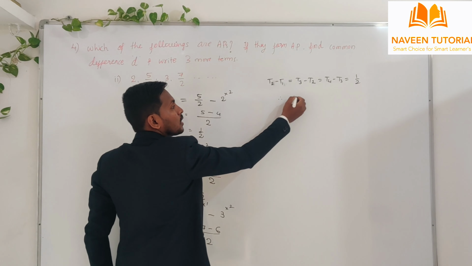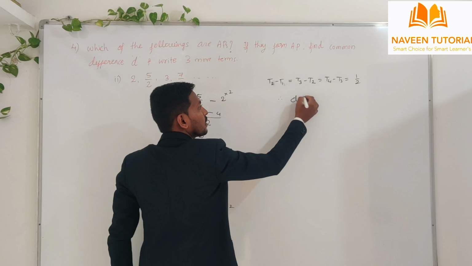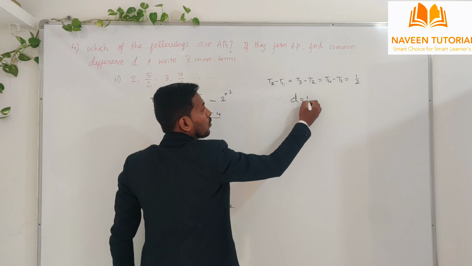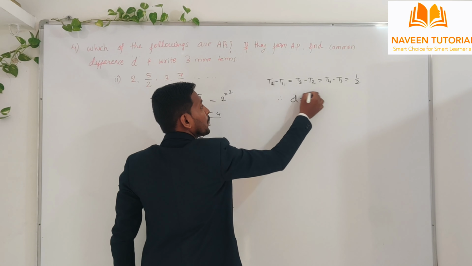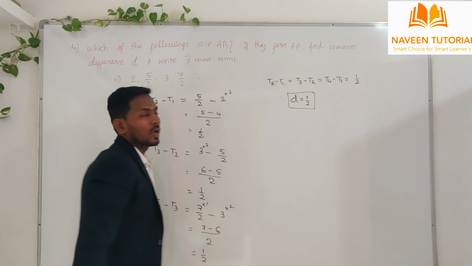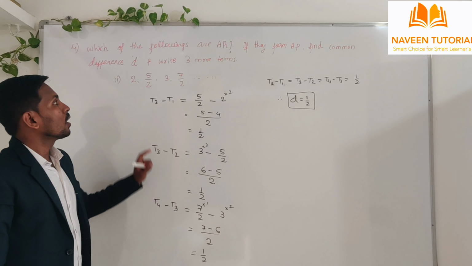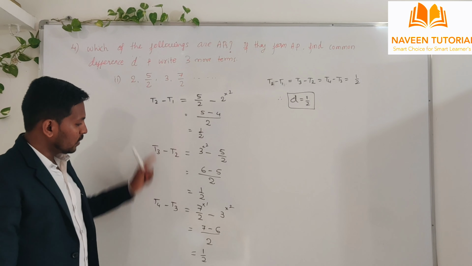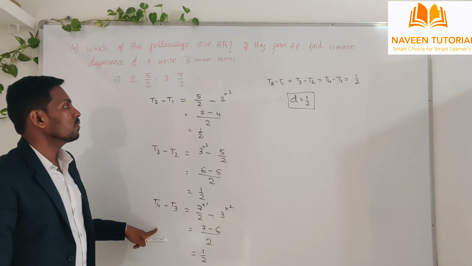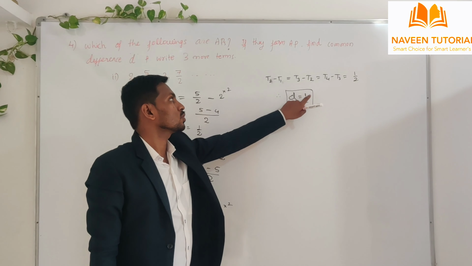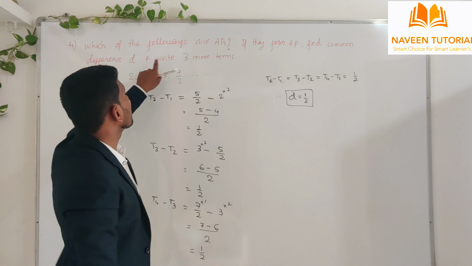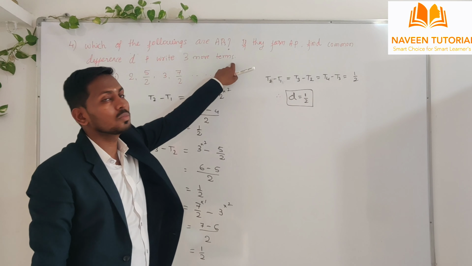So we can say that the common difference D is equal to 1 by 2. Now the given situation forms an AP, and the common difference is D equals 1 by 2. Now we need to write 3 more terms of the AP.